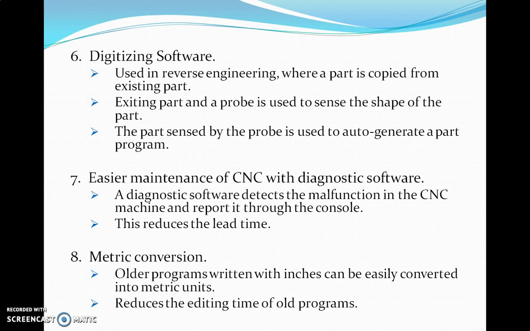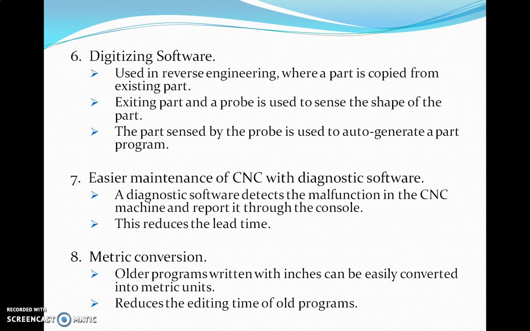The next part is the maintenance of the CNC machine. Most of the CNC machines nowadays come with diagnostic software. That means which part of the machine has malfunctioned can be easily detected. The software will tell you where the problem is identified.